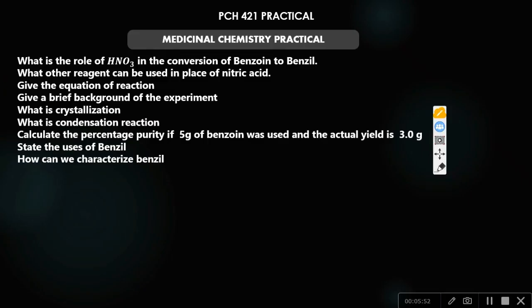Now, we've been talking about crystallization. You may be surprised that tomorrow they will just bring it to your face. What is crystallization? Crystallization is a separation technique that involves separation based on solubility at different temperatures.